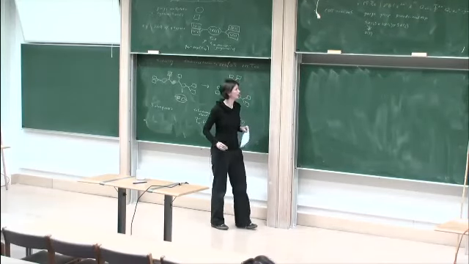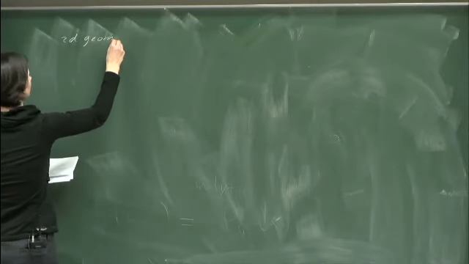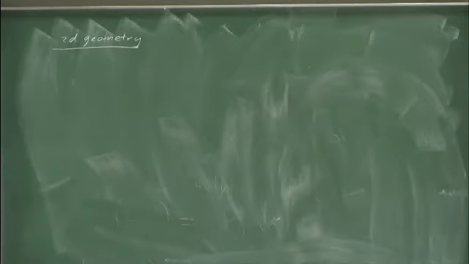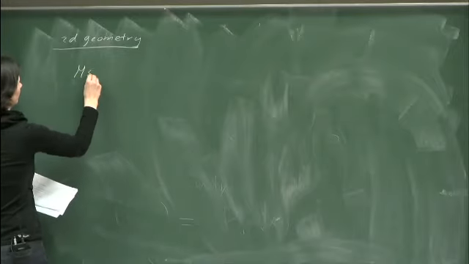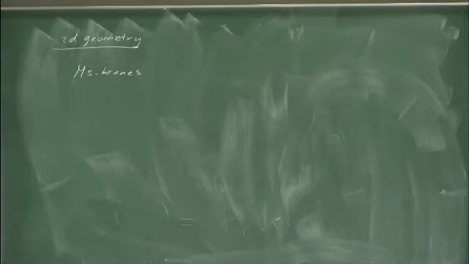So that's the 4D gauge theory part. Let me come to the 2D geometry next. So these SU2 gauge theories, you can embed them into string theory by using M5 branes. And there is a nice correspondence between two-dimensional geometries and four-dimensional quivers.